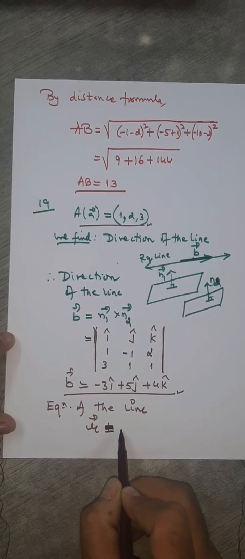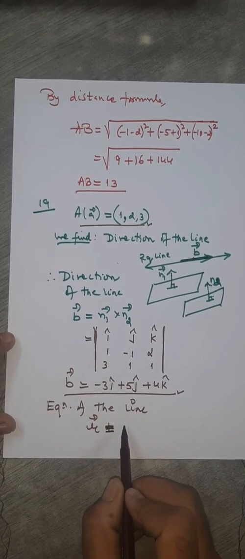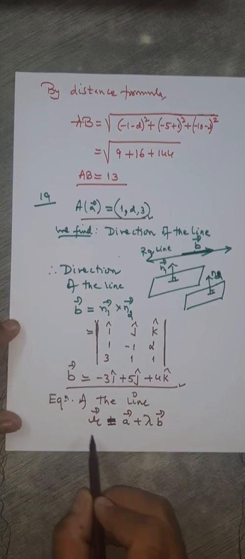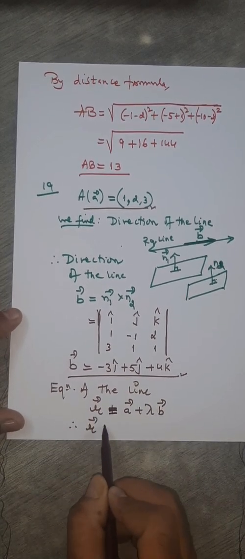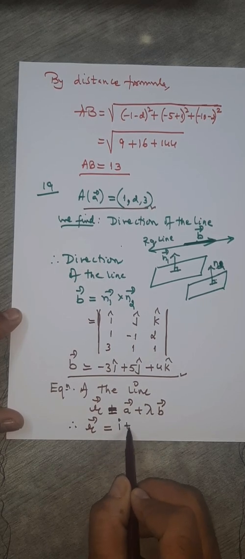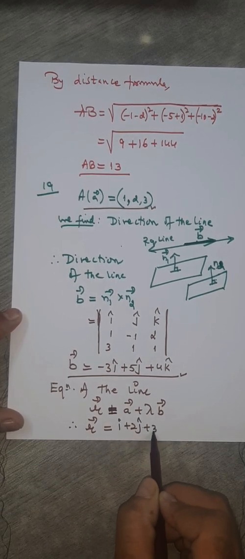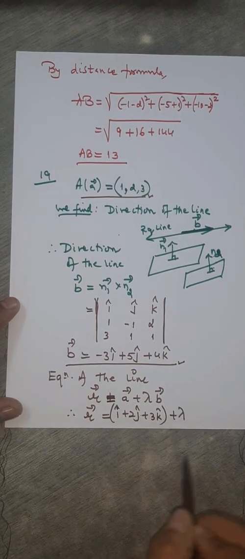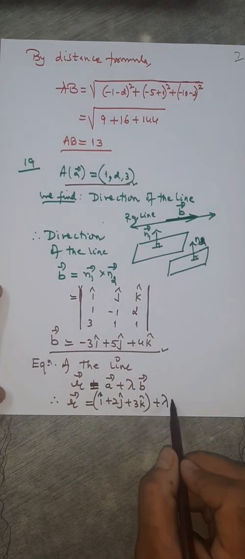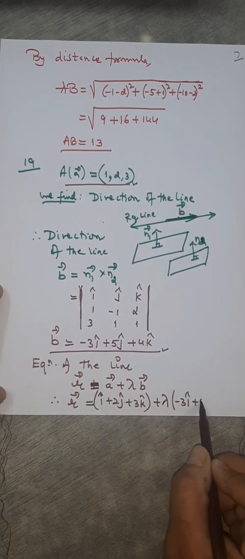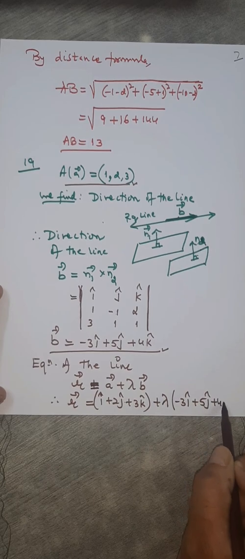So R bar equals to, you know, here a fixed point, vector A plus scalar lambda into direction of the line. So vector R equals to, where is the fixed point? 1, 2, 3. So i cap plus 2j cap plus 3k cap plus scalar lambda, direction of the line. What's the direction of the line? -3i cap plus 5j cap plus 4k cap.